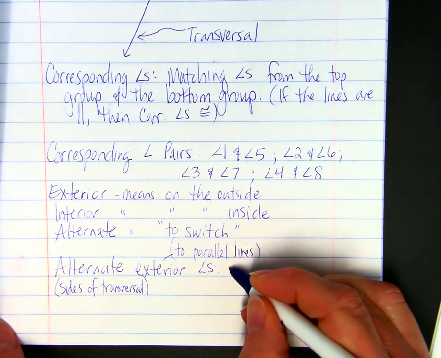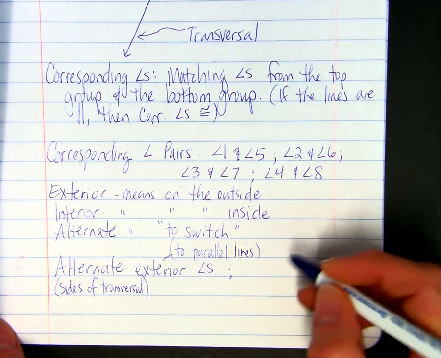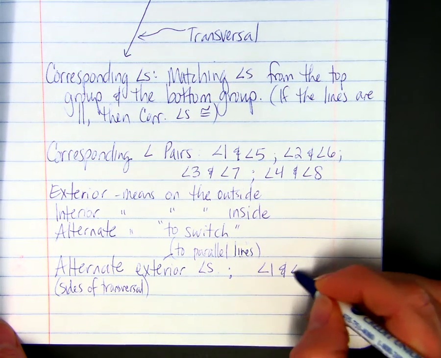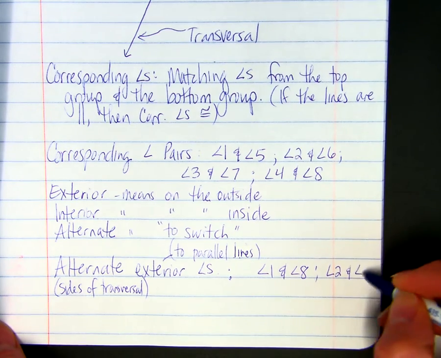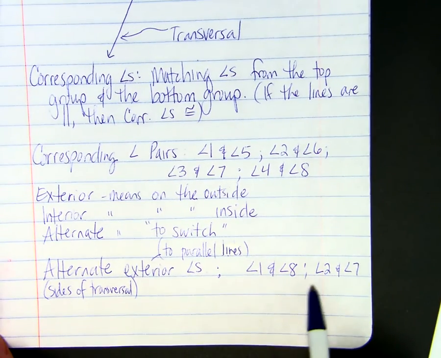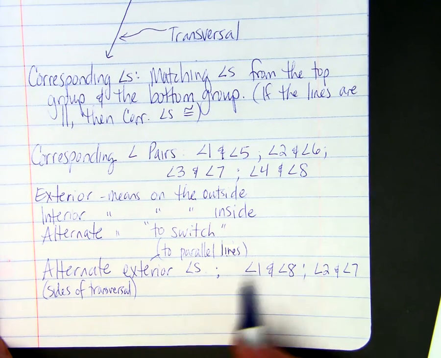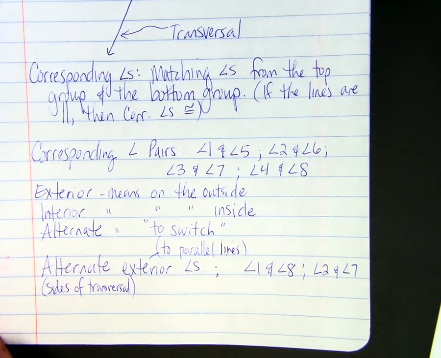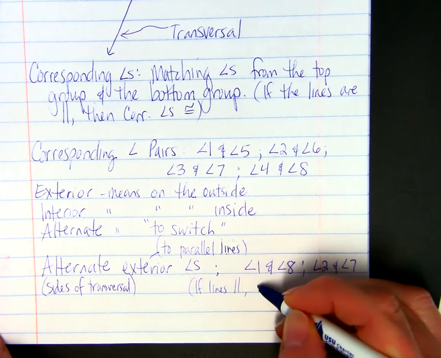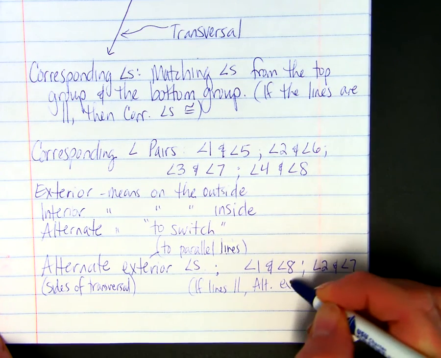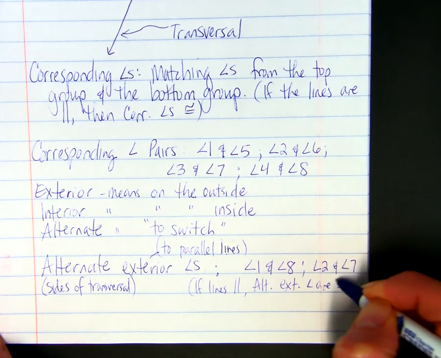Those pairs would be angle 1 and angle 8, and angle 2 and angle 7. Those pairs of angles will be congruent if the lines are parallel. Alternate exterior angles are congruent.